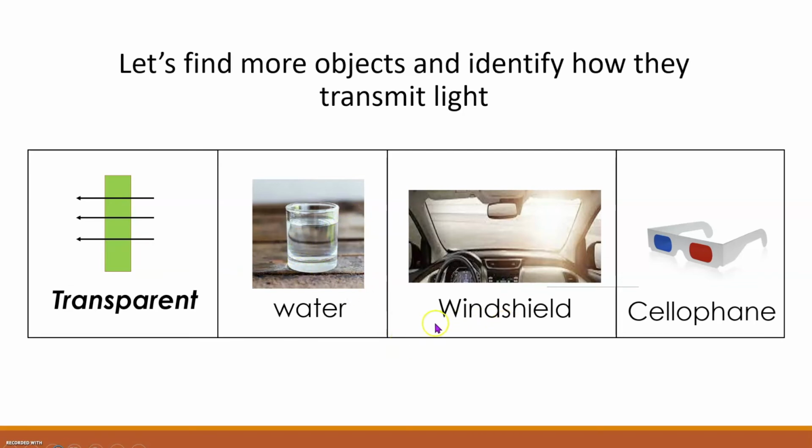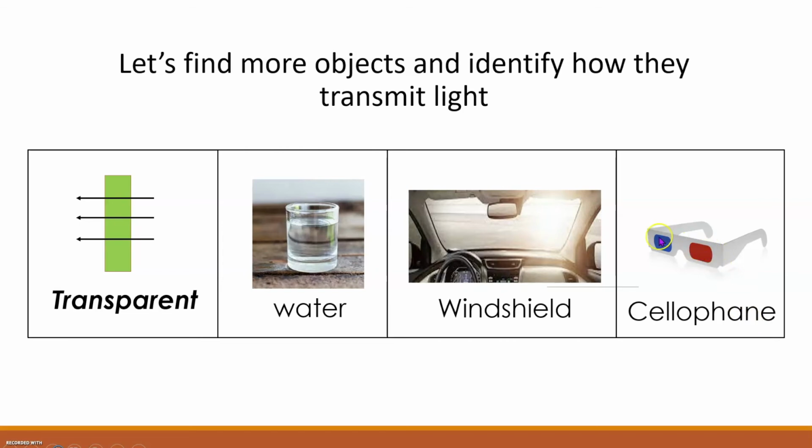Another one is the windshield. In cars and buses that have a windshield, we can see right through it because most of the light transmits through a windshield. Another example is cellophane. Can you repeat after me? Cellophane. Very good.